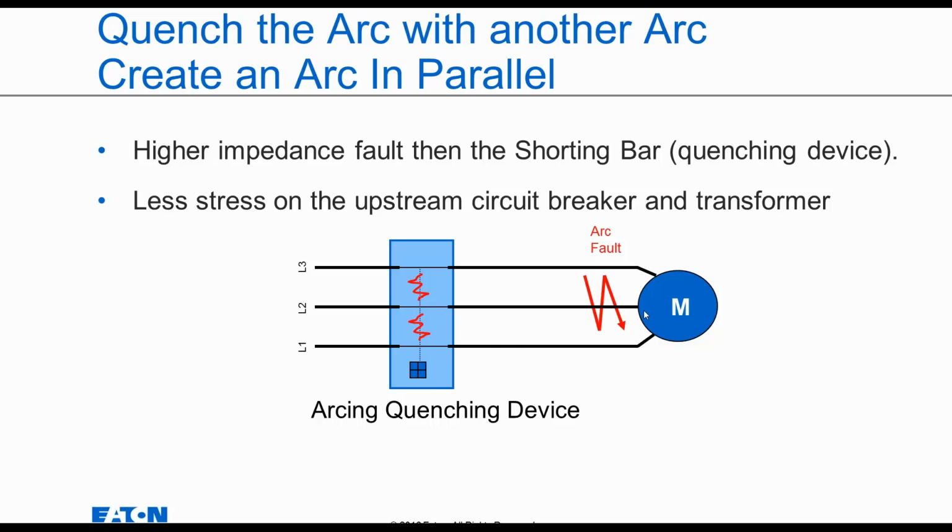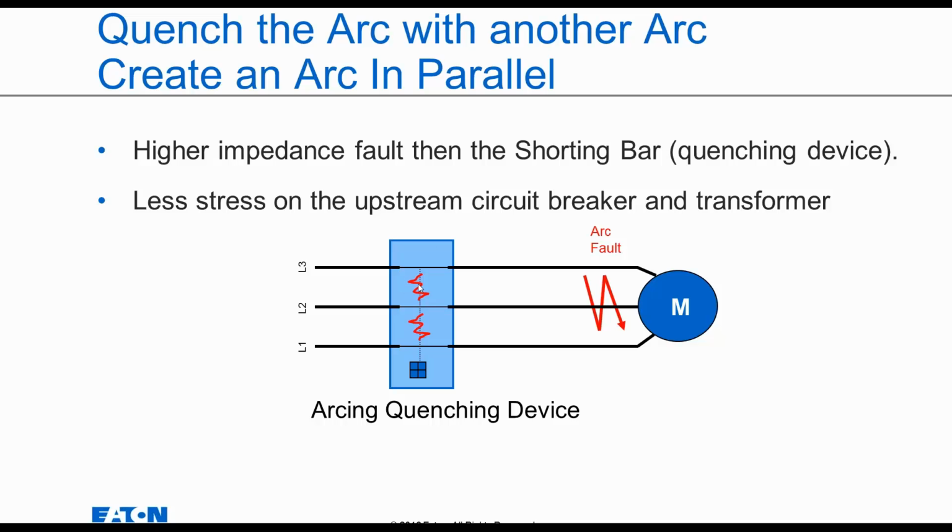So if you have an arc downstream here, and you have a device where you can create an arc, then all the current will flow through this arc and not through the other, and essentially you're quenching the arc fault downstream.